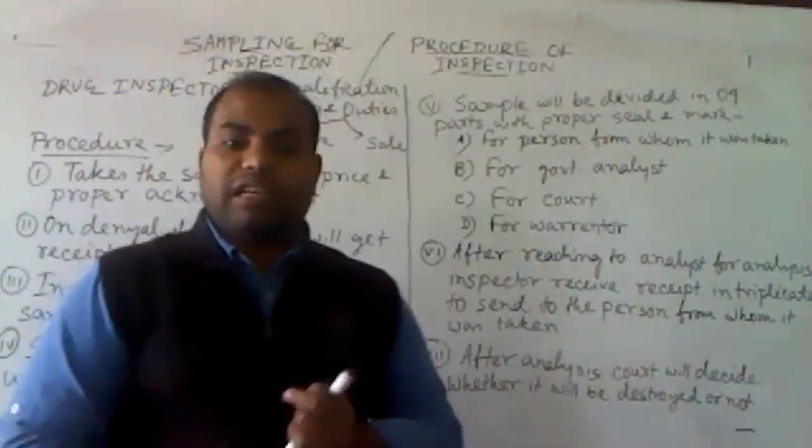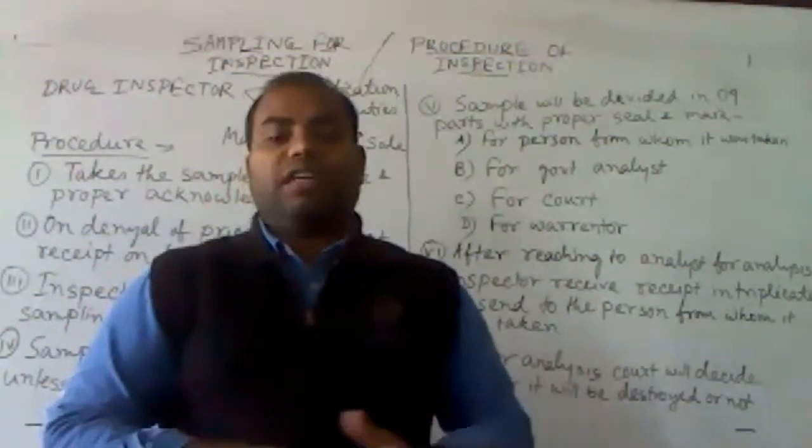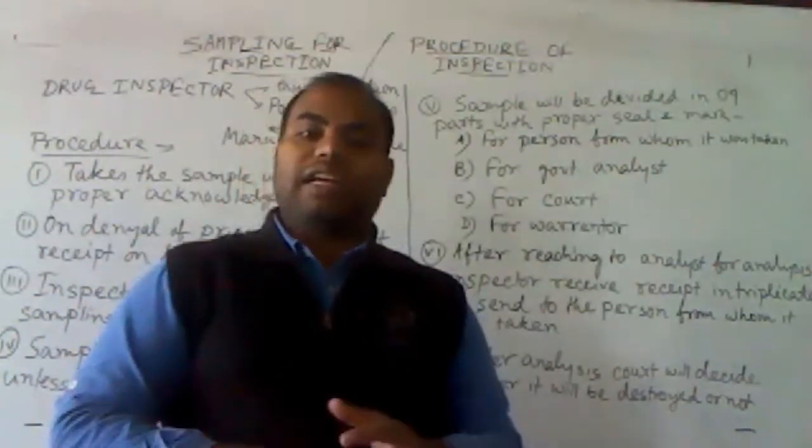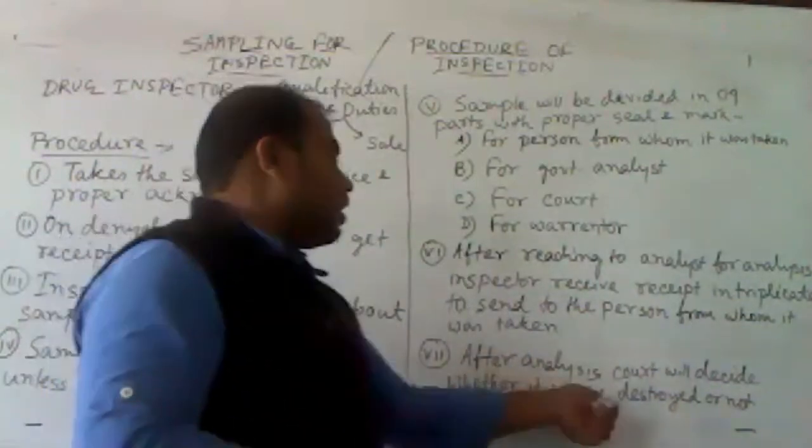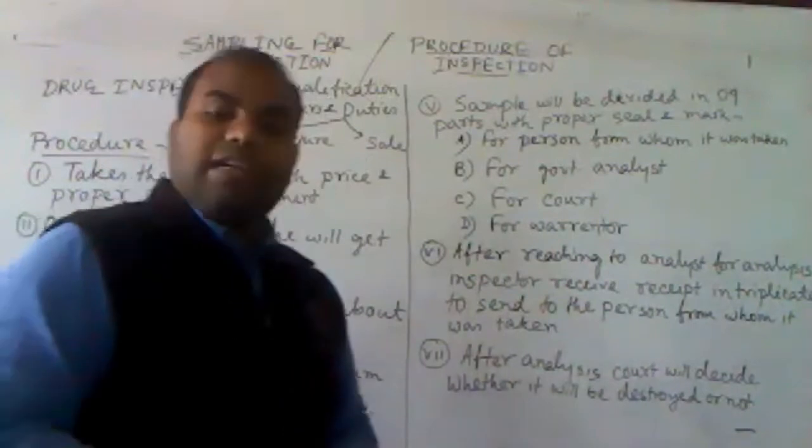If something is there, you cannot deny it, since you are getting information about your sampling for the analysis. Okay. After the analysis, the court will decide whether it will be destroyed or not.